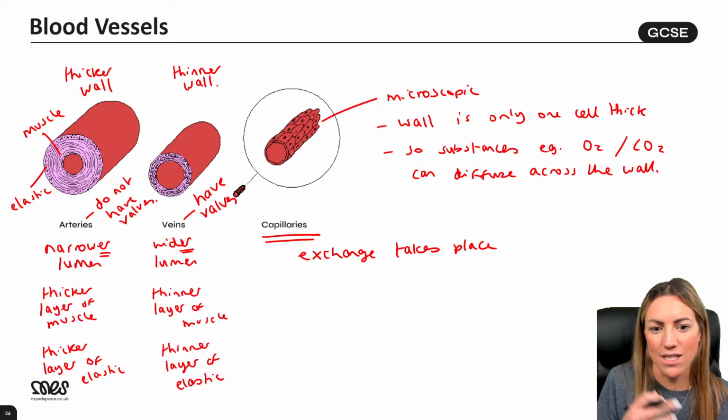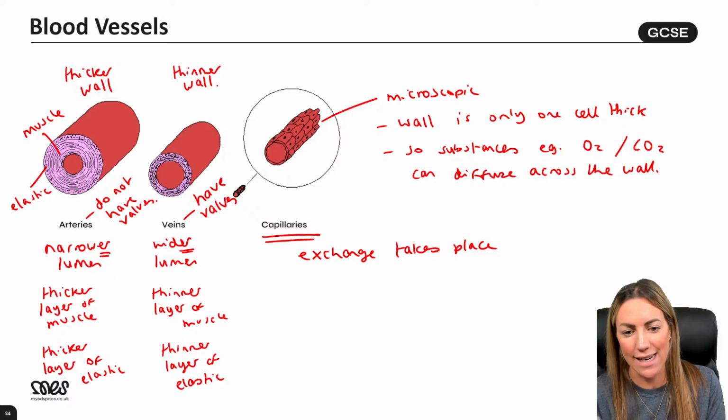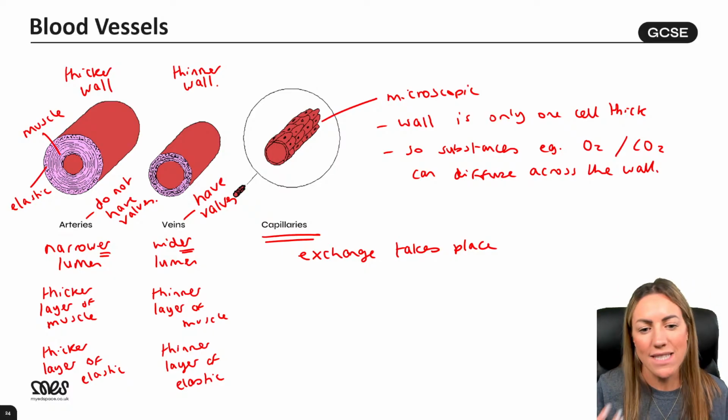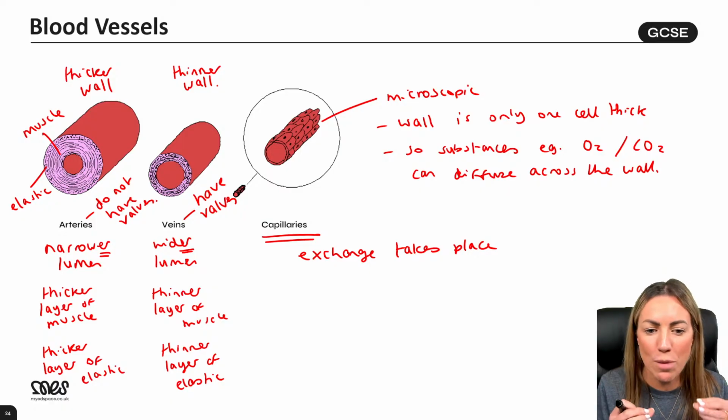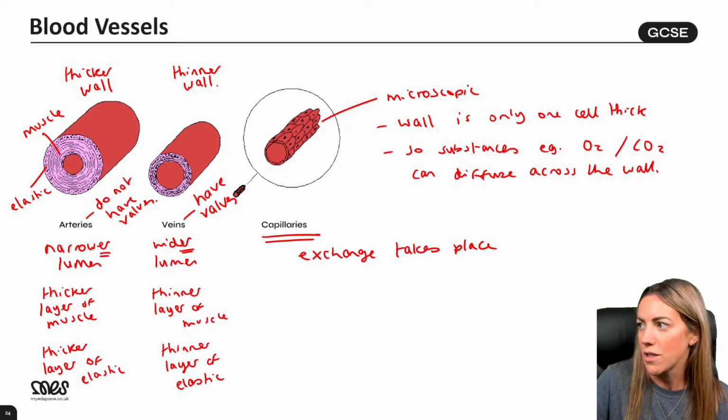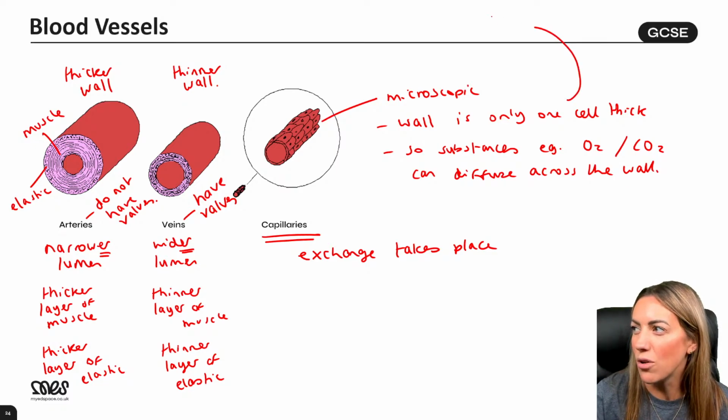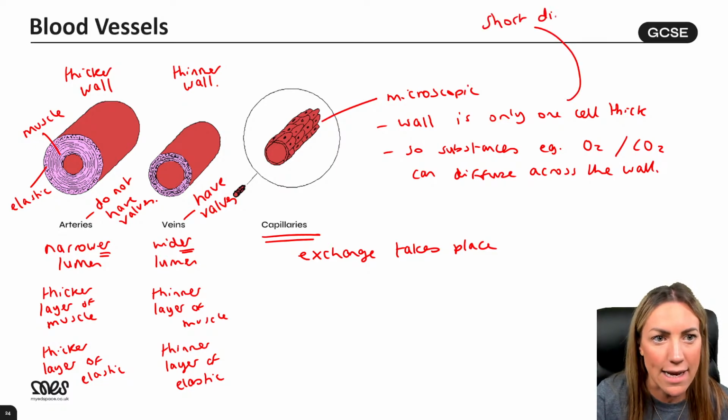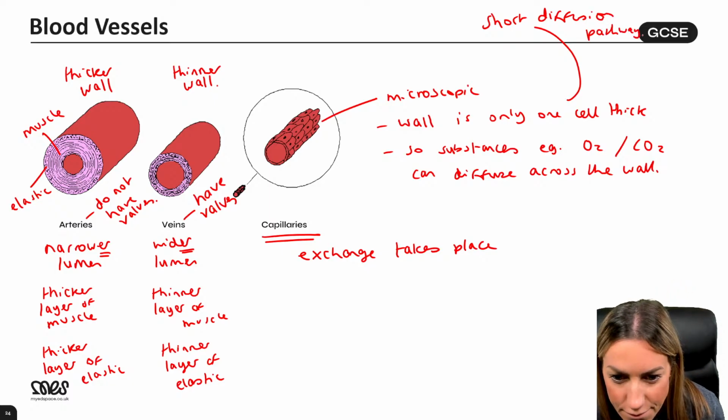So oxygen has to go into the cells, carbon dioxide has to leave the cells. They've got to get across the wall of the capillaries. So the wall is literally just 1 cell thick. It's a super thin wall. You've got a short diffusion pathway, all linked together. That's one of the things that I like about biology, is all the topics do kind of link, right? Once you've got your knowledge there.